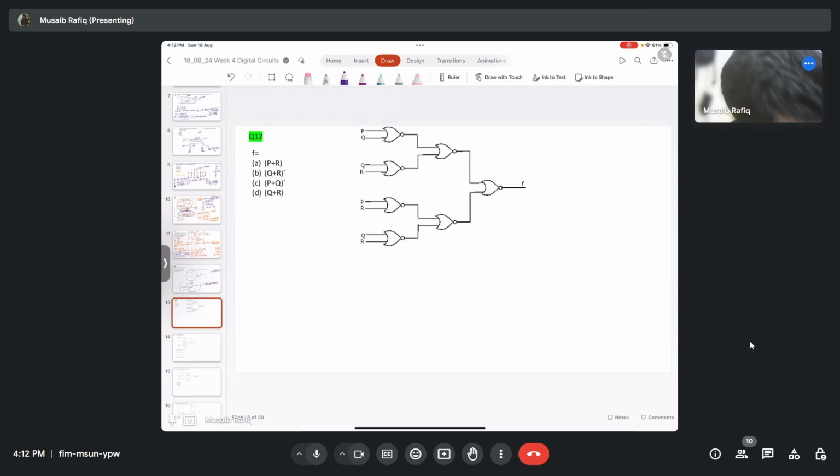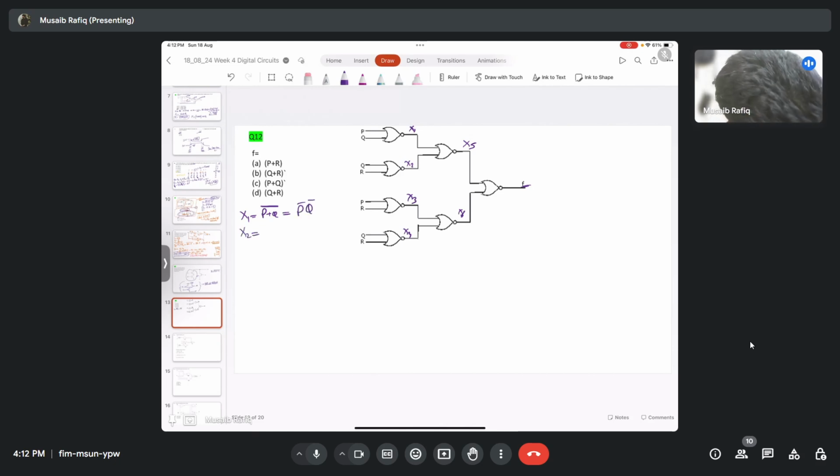So right. Let's mark each of the outputs as x1, x2, x3, x4. This will be x5, x6, and finally my F as it is. So my x1 will be equal to (p plus q) bar because it's an OR gate. Using De Morgan's law, it will be p bar q bar.